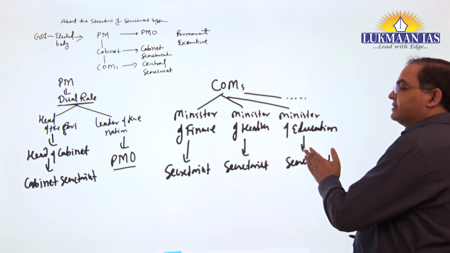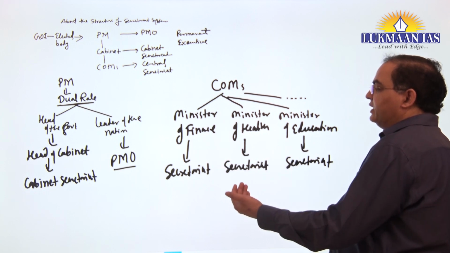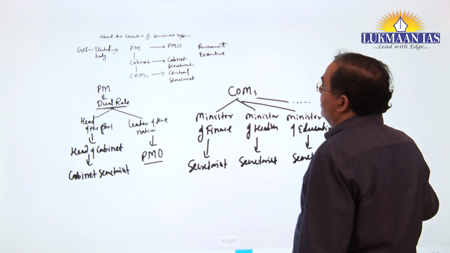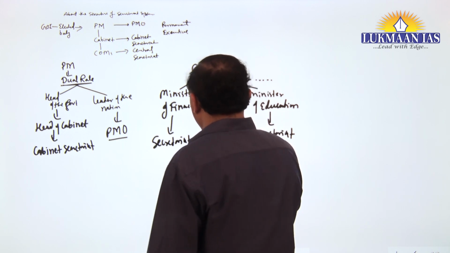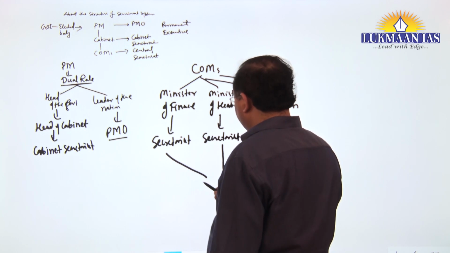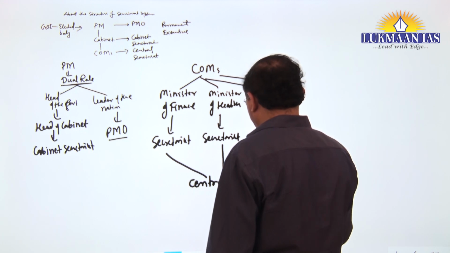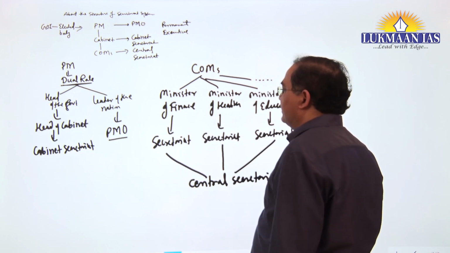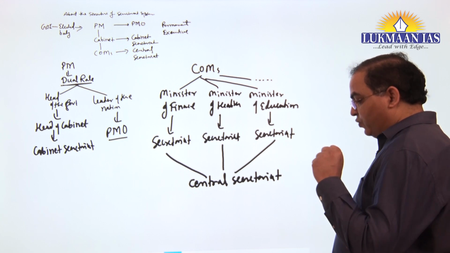All ministries and departments will have their separate office. The office is known as Secretariat. If you combine them all, they will be known as the Central Secretariat. It means that the Central Secretariat is not any one institution.